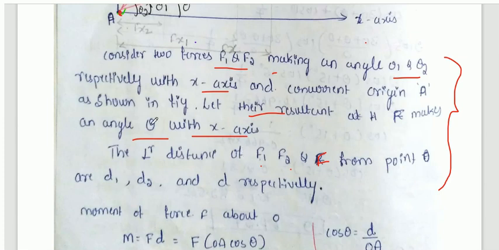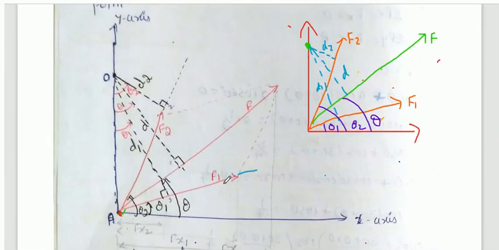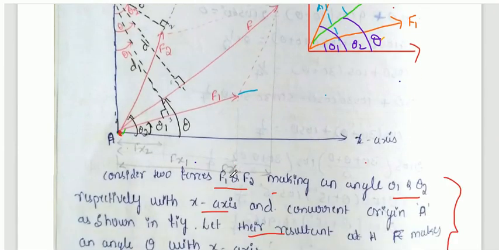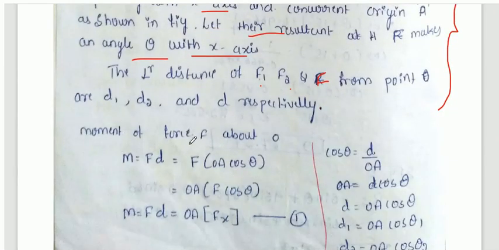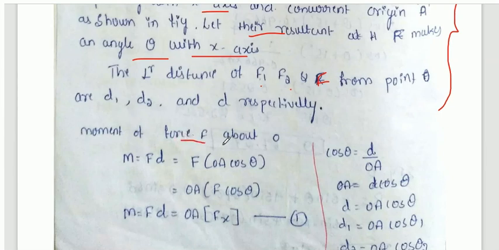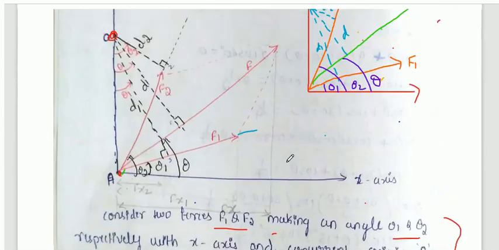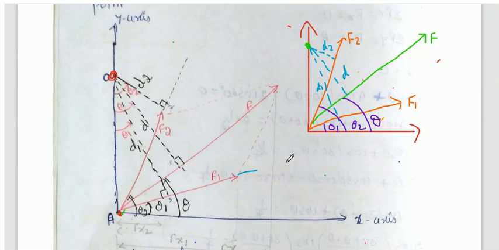So now what you have to do? You have to take the moment of all the forces, that is F1, F2, F, about point O. This is our point O. According to that, the moment of a force F about point O. Just observe the figure and tell me, what is the moment of force F about point O?